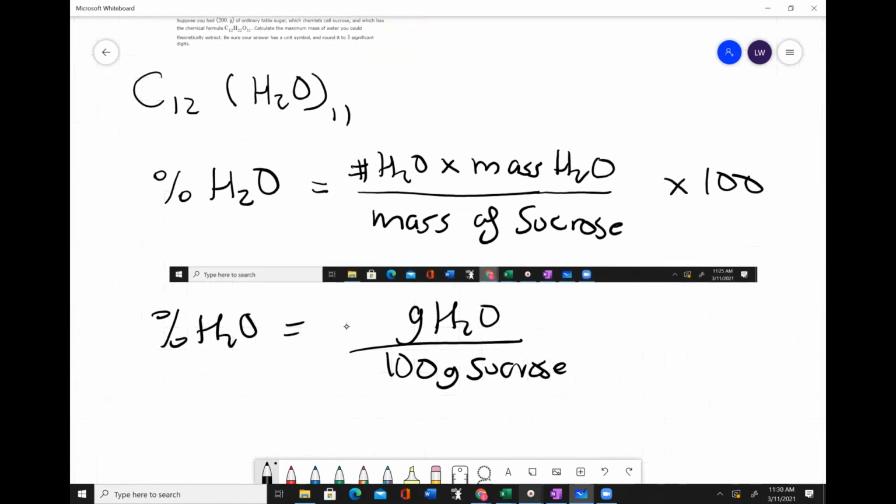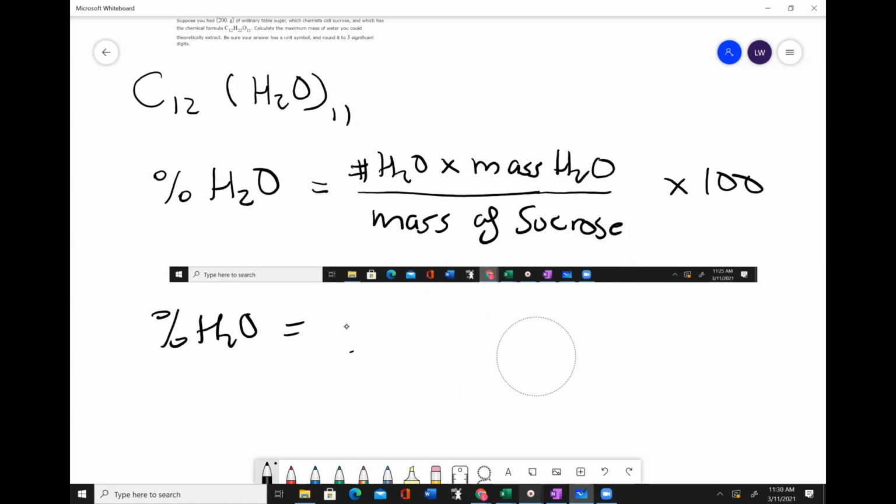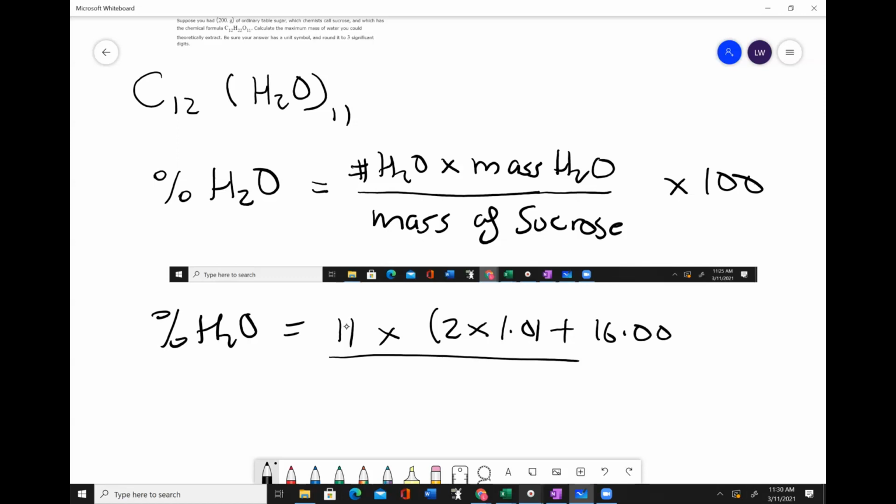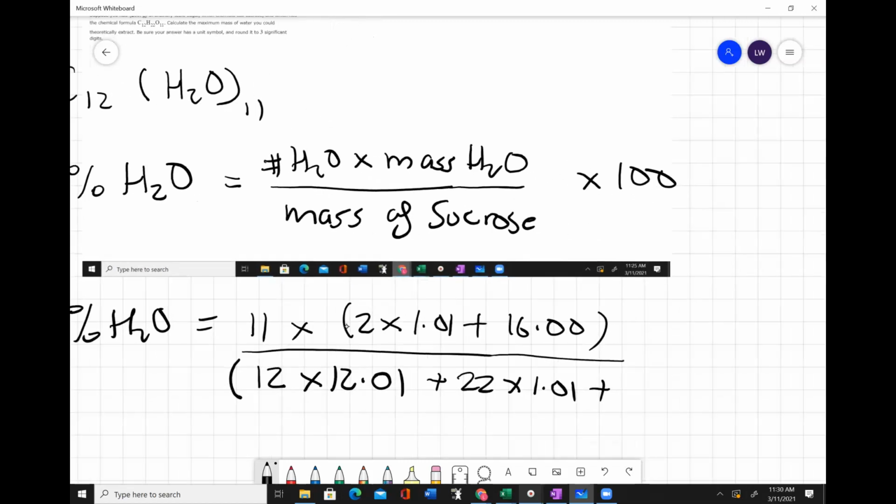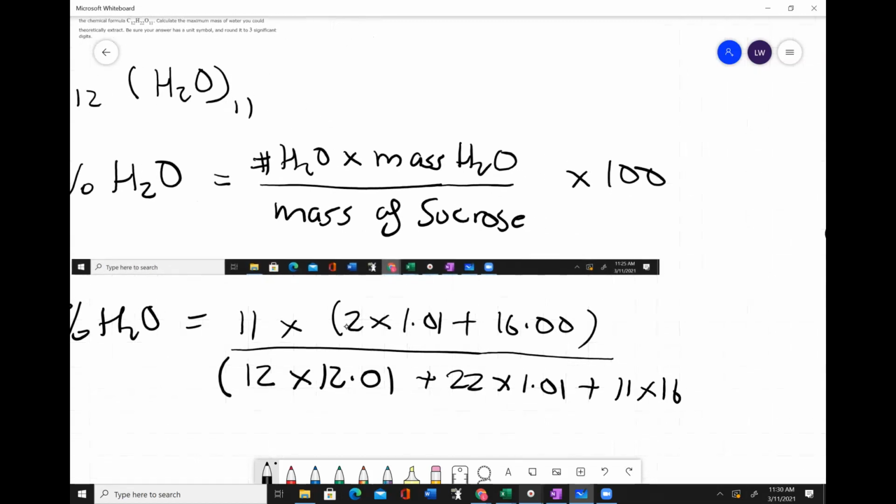All right, so let's go ahead and calculate the percent water in our sample. The number of water molecules in sucrose is 11, and the mass of one H2O is 2 times 1.01 plus 16.00. That's the mass of a water molecule. Then we divide that by the mass of sucrose. So we've got 12 carbons, each with a mass of 12.01, and then 22 hydrogens, 22 times 1.01, and 11 oxygens.